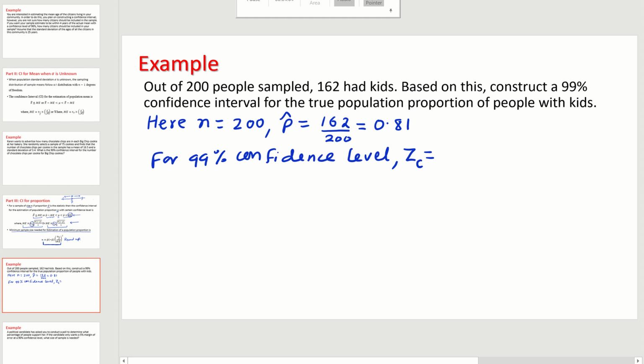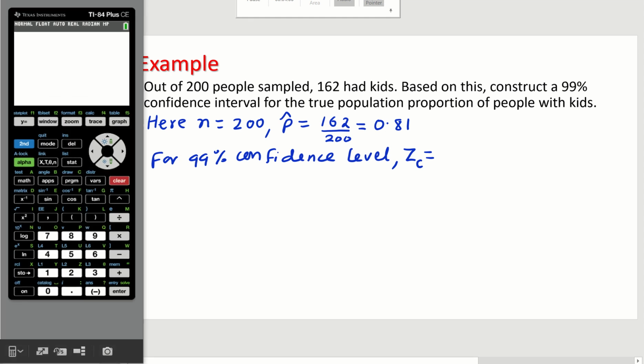So what we can do is grab your TI-84 calculator, then go to second, then vars. Second, vars number 3. So area is 0.99 because that is our confidence level.